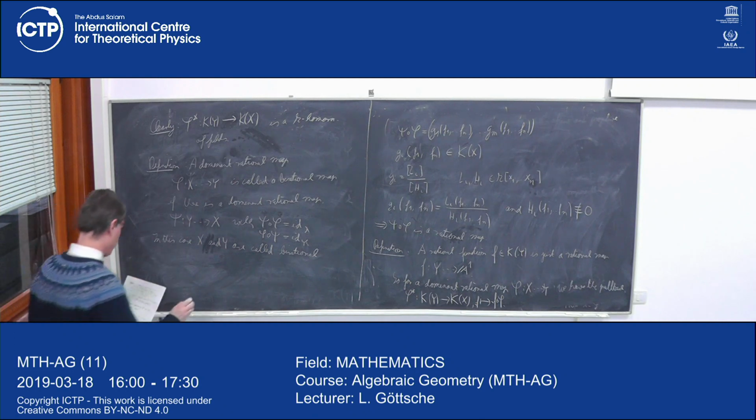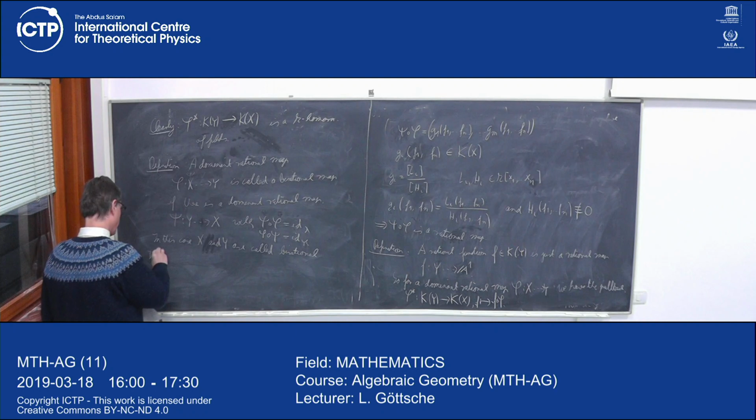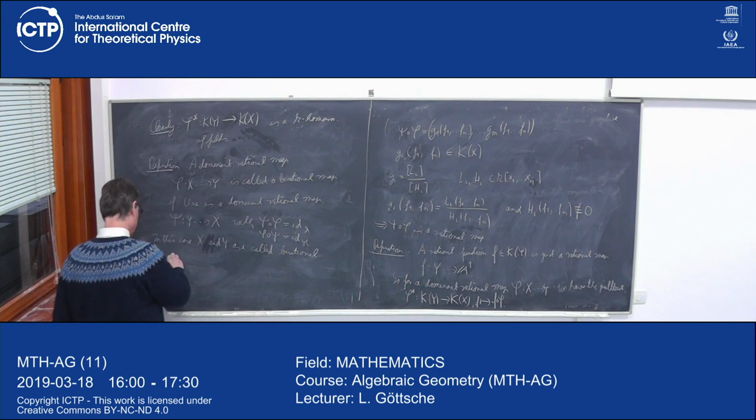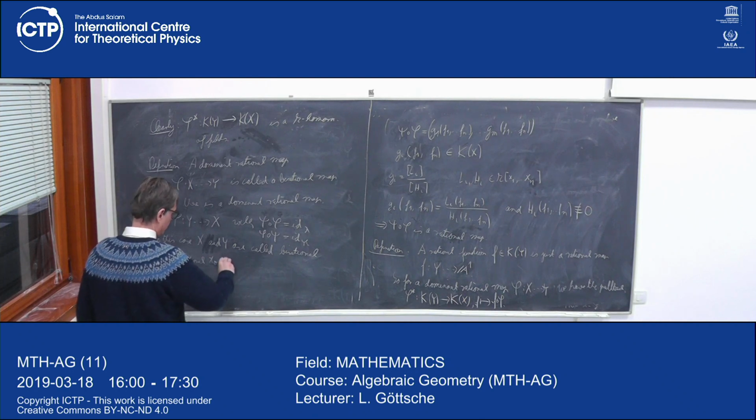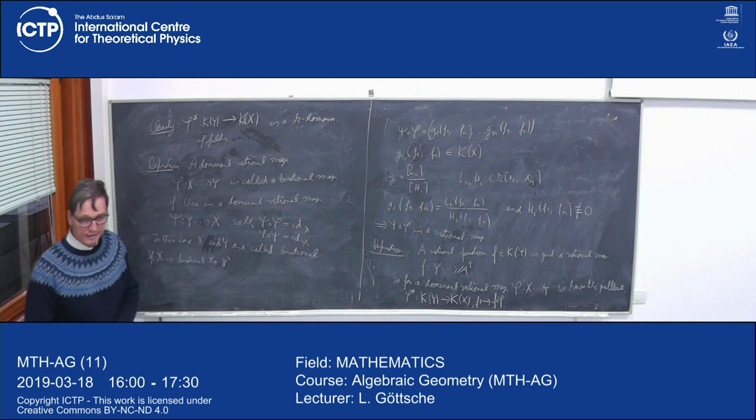So if X is birational to P^n, we say X is rational.